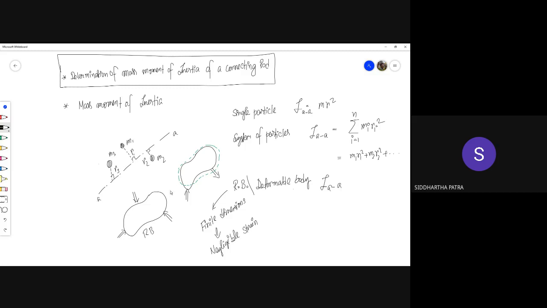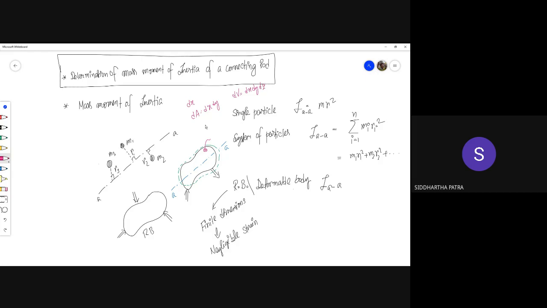So imagine this is where the axis passes through, the same axis A drawn with a blue color, and inside the body, imagine there is this differential mass element, the way we take differential length, like dx, differential area, like dx dy, differential volume, like dx dy dz.